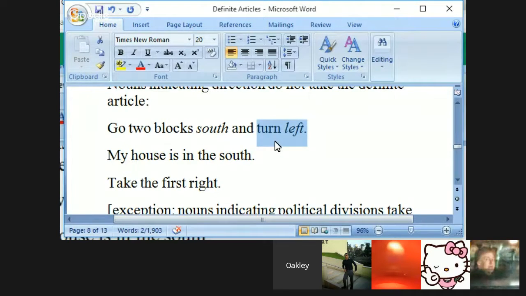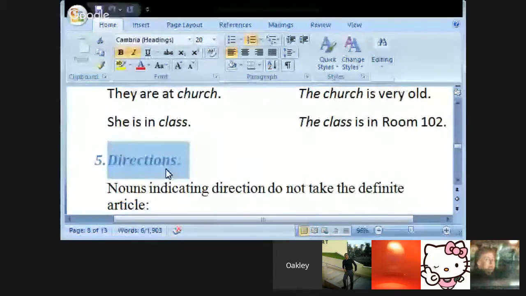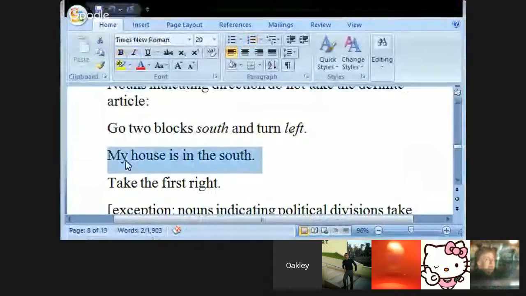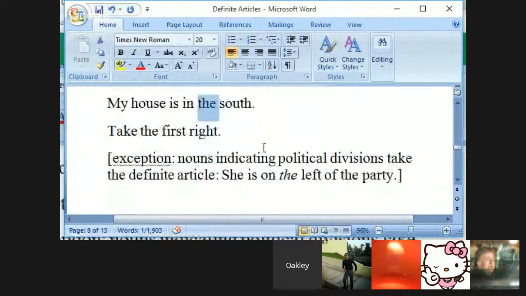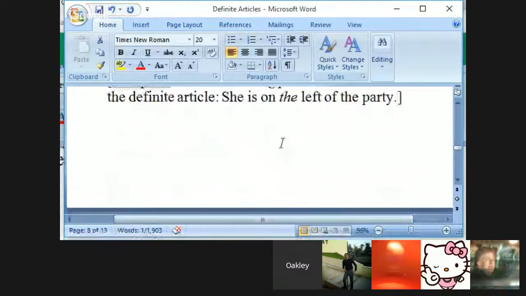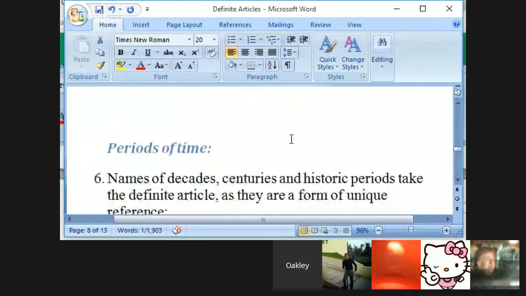Go left, no article. Turn left, no article. Take a left, there's the indefinite article. If you're describing where something is, that's not really giving directions. You're going to use the articles "a" and "the," or no article, just the same way you normally do. I hope that's about as clear as I can make that. Sorry about that.